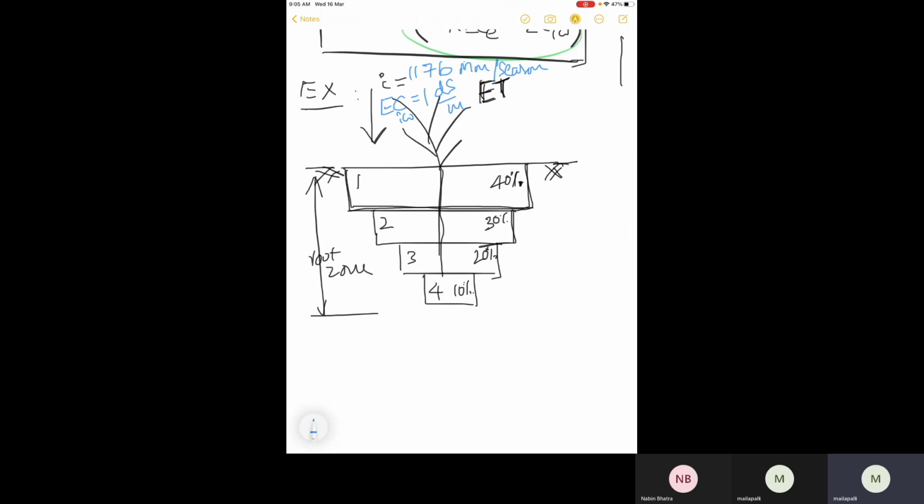So 1176 mm per season. That's what happened. And ETc, that evapotranspiration, which is going up, will be around 1000 mm per season.